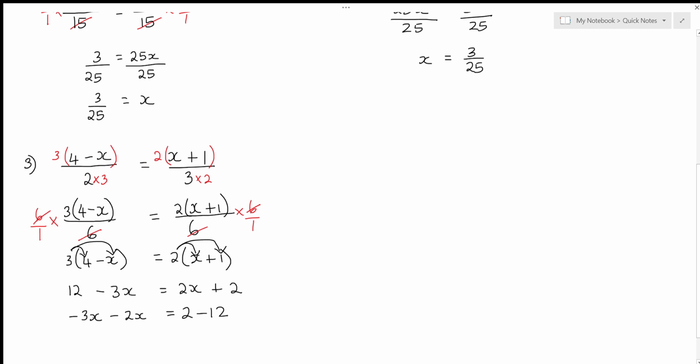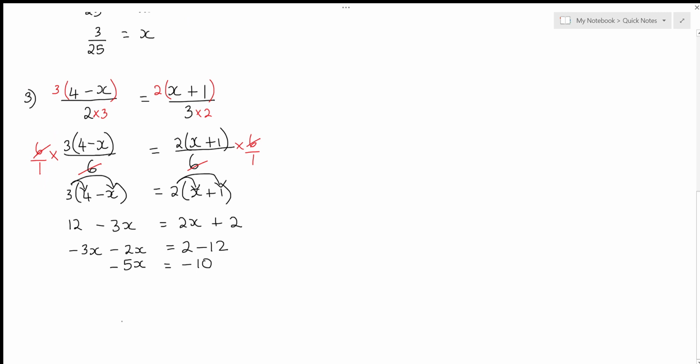So negative 3x minus 2x will give me negative 5x equal to negative 10, because 2 minus 12 will give me negative 10. Then I've got negative 5x equal to negative 10. So I'm going to divide by negative 5 on the left hand side, therefore divide by negative 5 on the right hand side.